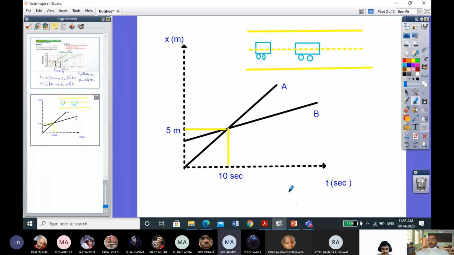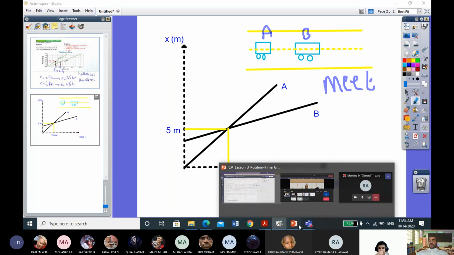They meet. Who can tell me? Intersect. Excellent. We say the two lines intersect, but the two cars meet. So if this is car A and this is car B, after 10 seconds we can see that the two cars meet. You get it, guys?